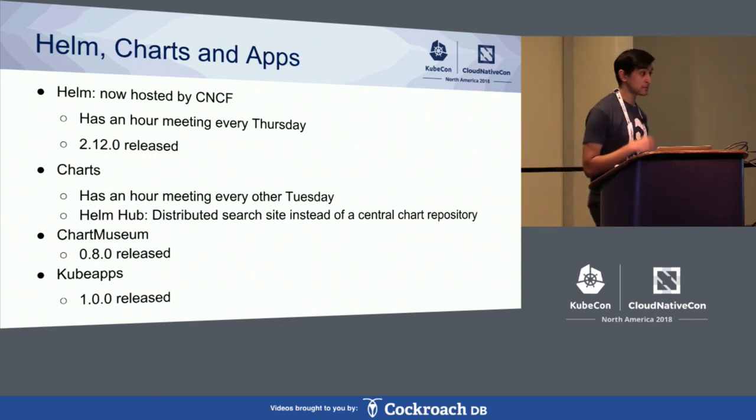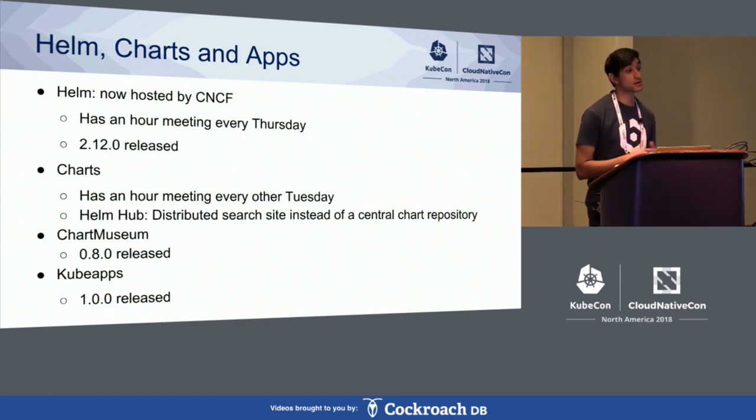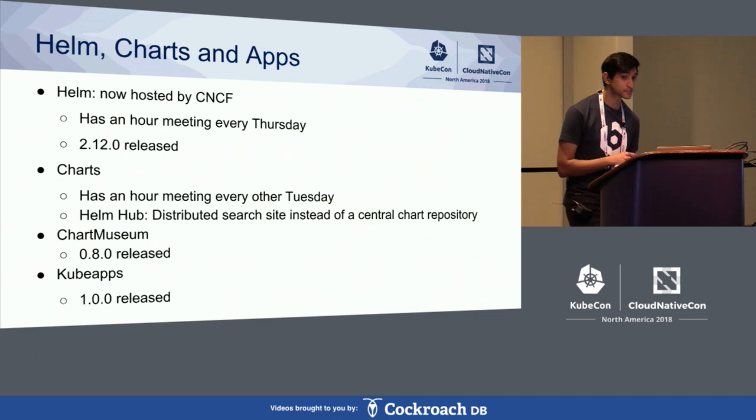So that's the idea with the launch of the Helm Hub. And we think it'll be a lot easier for people to find what they need, and for chart maintainers not to be held back by this bottleneck of trying to get updates and new charts into stable.